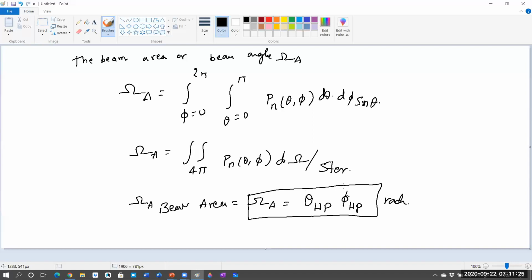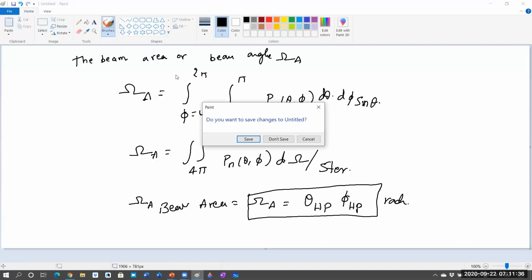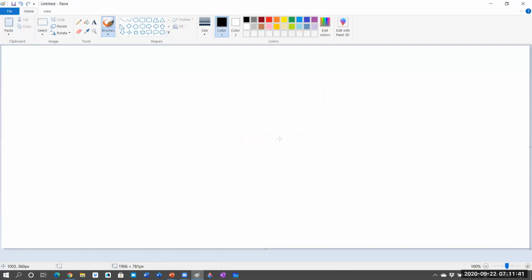We will look into one problem right now. Based on these formulas, we can solve one problem.